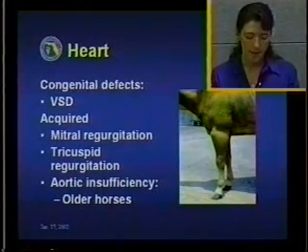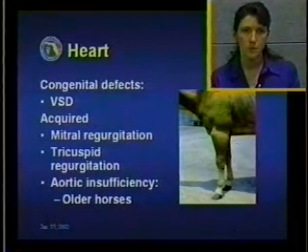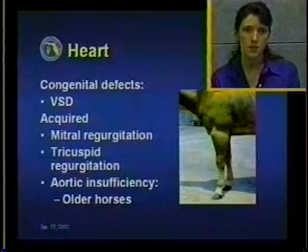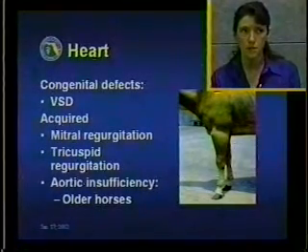Tricuspid regurgitation can also be observed in horses and will in some cases result in decompensation to the point where you see signs, as in this picture, of congestive heart failure.